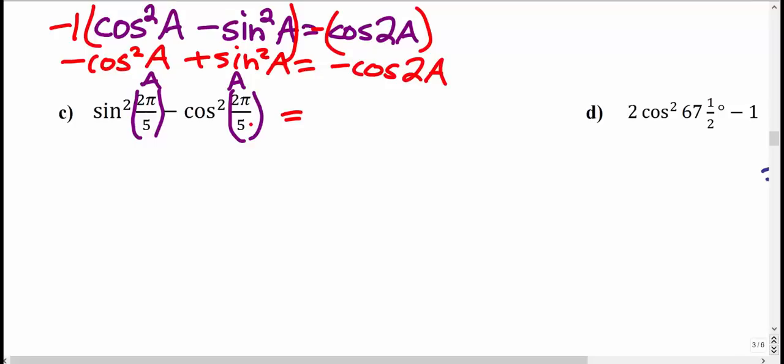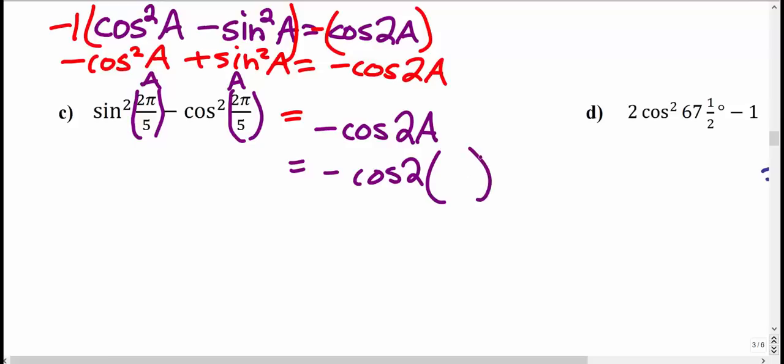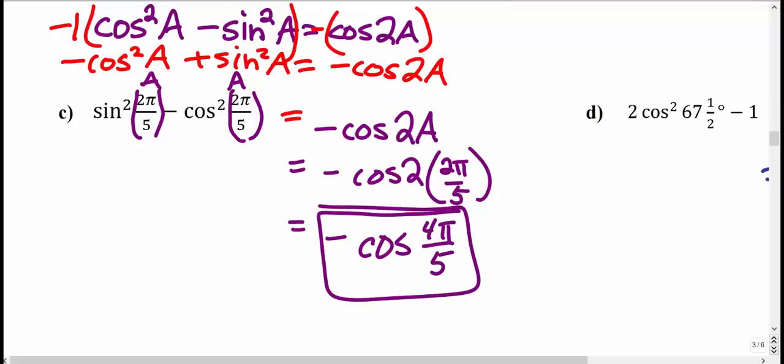So this is actually equivalent to negative cosine of twice the angle A. So we're going to do 2 times 2 pi over 5. And we have to make sure we have the negative out front. So this is equivalent to negative cosine of 4 pi over 5.